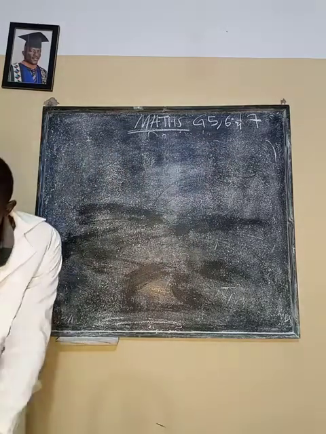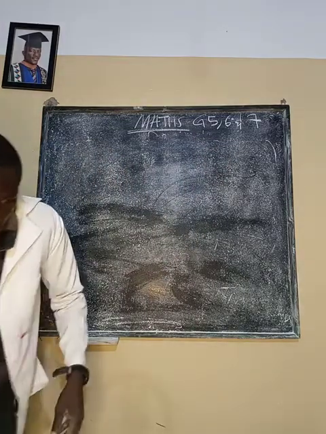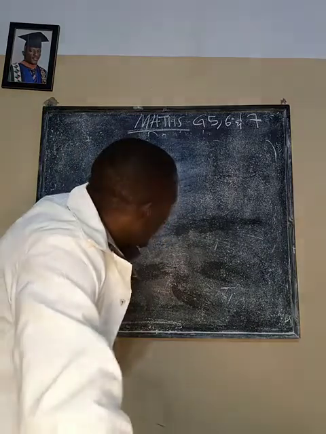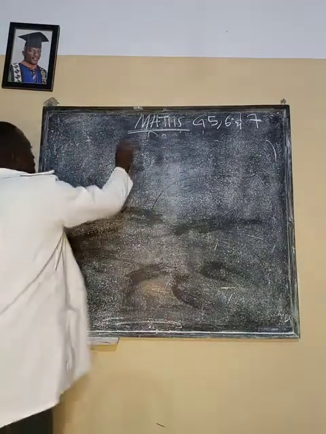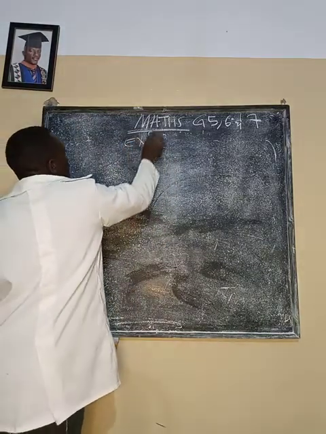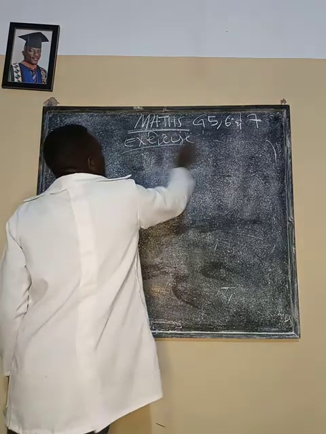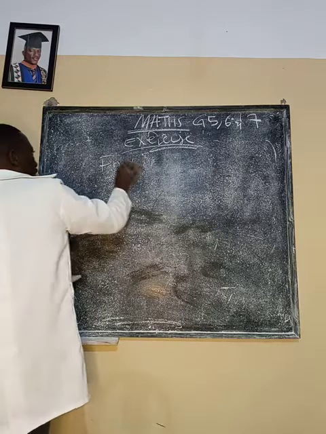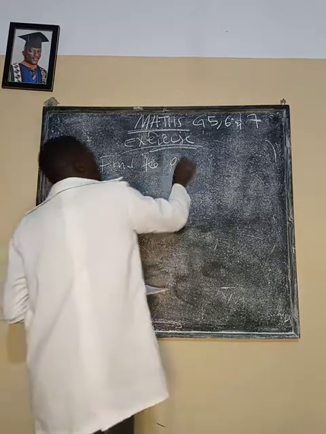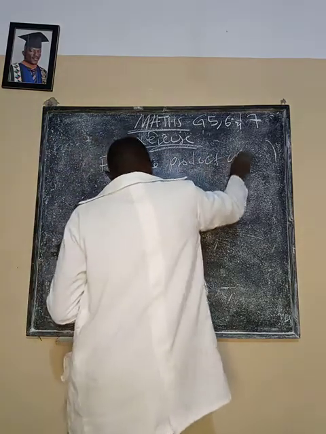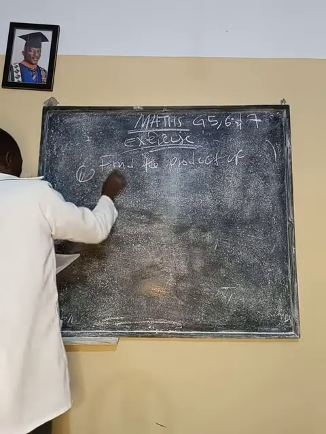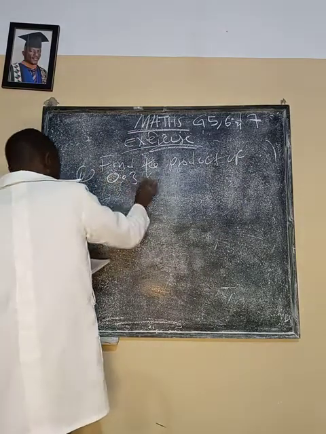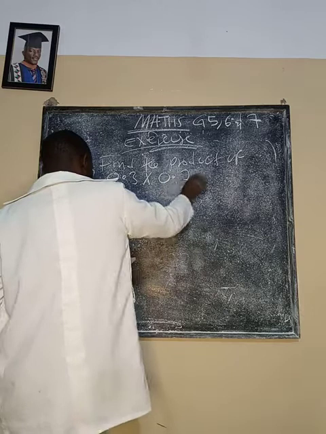So let me give you some exercise that you need to work on. Okay, so let me give you exercise 5. Find the product of number 1, 0.3 times 0.2.